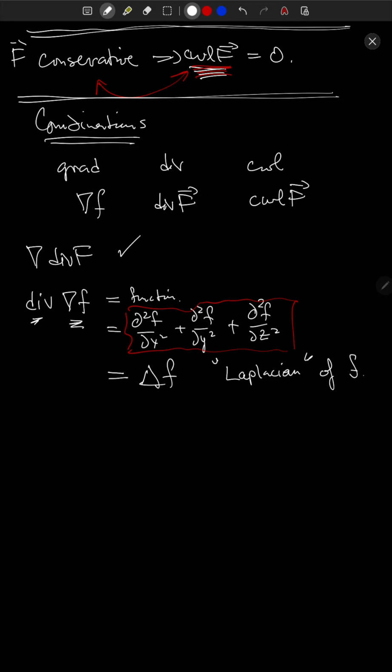If you've seen any kind of mathematical physics class and done waves, you'll definitely have worked with the Laplacian, f double prime, essentially. In one dimension, if you get rid of the y and the z, it's essentially d squared f dx squared. So that would be the one-dimensional version of this.